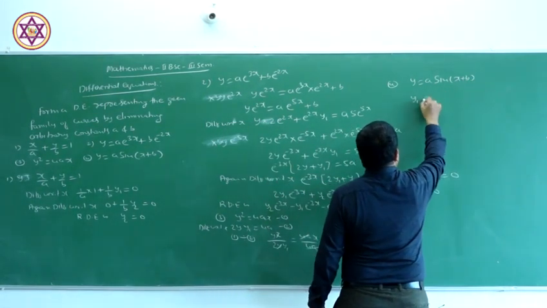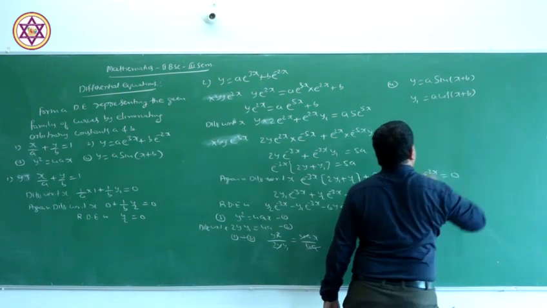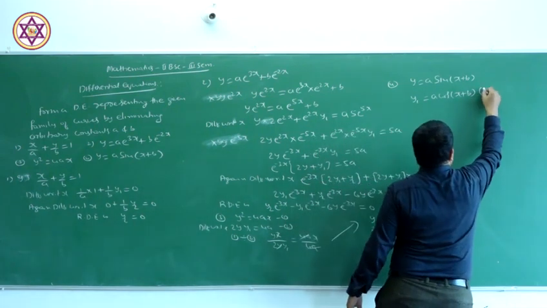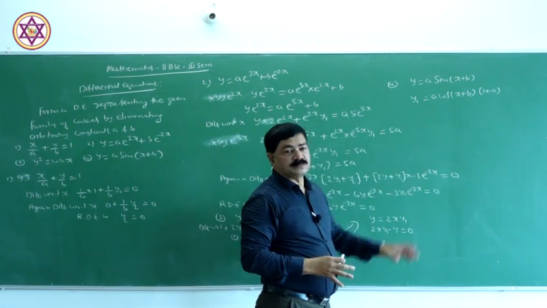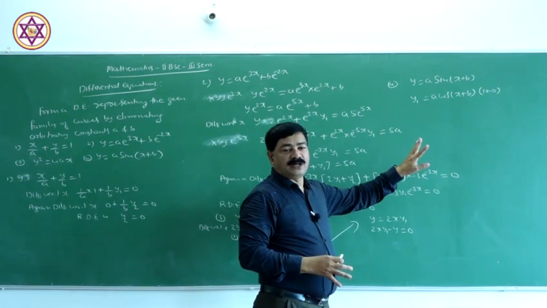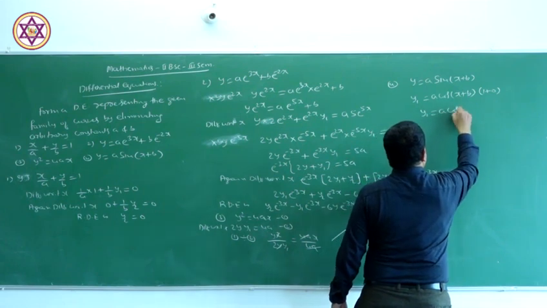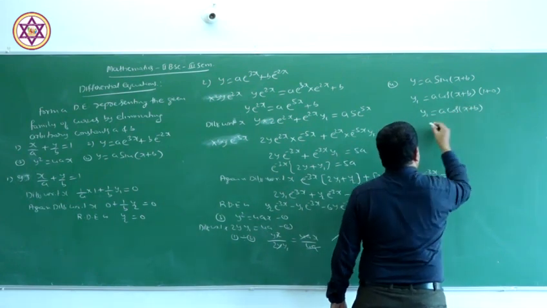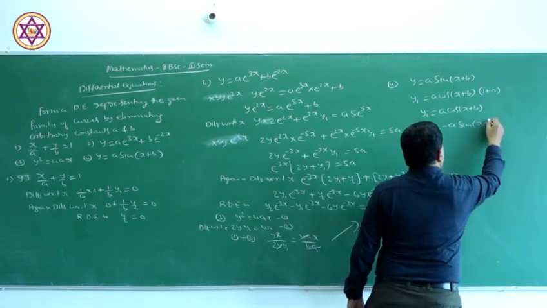So, differentiate: y1 is equal to a cos(x plus b), since the derivative of x is 1 and of b is 0. Differentiate again: y2 is equal to minus a sin(x plus b).